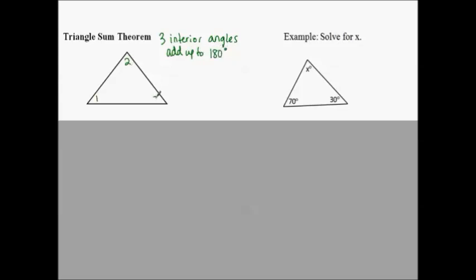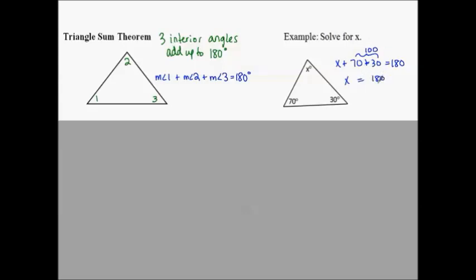I'm going to number these three angles 1, 2, and 3, and we can write the measure of angle 1 plus the measure of angle 2 plus the measure of angle 3 equals 180 degrees, no matter what kind of triangle. So in this example where I need to find x, if I know all three angles add up to 180, I can say x plus 70 plus 30 equals 180, and then subtracting the 70 and the 30 from that side, so 70 and 30 together make 100.